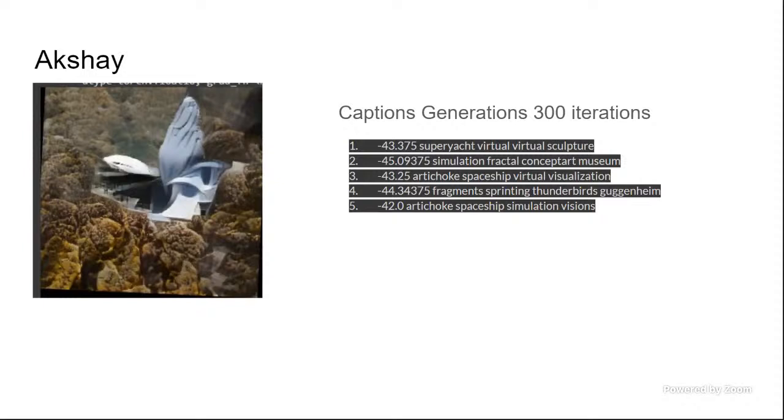Probably if I'd given a couple more iterations, it would have caught on to this. I was really curious to see what it would learn from something that was already dreamed up using AI. Yeah, it also says space. Spaceship simulation. That's cool.